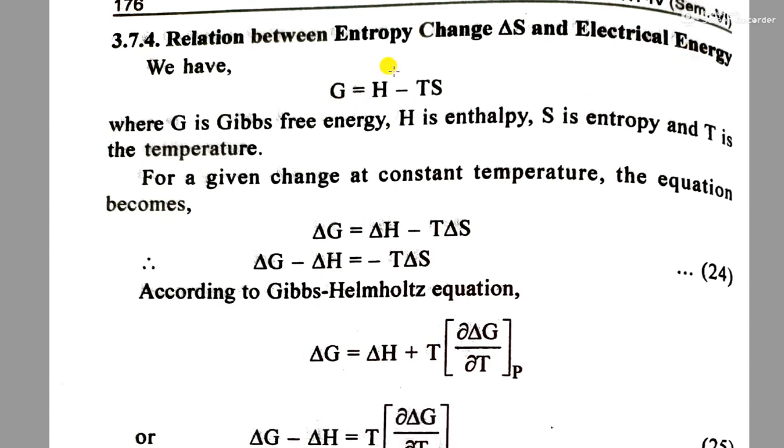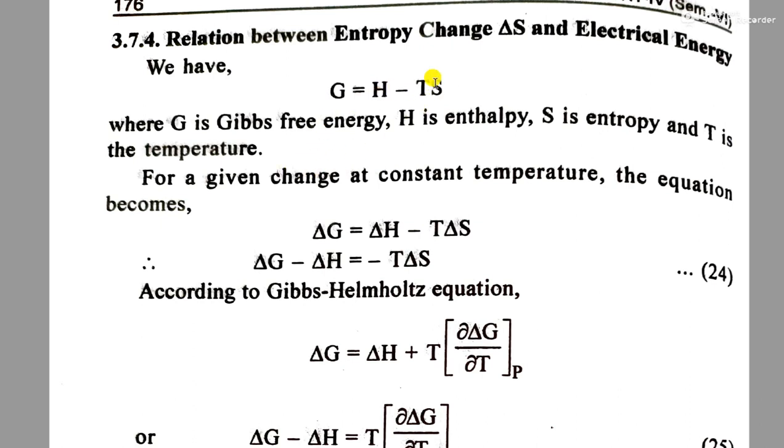So we know this thermodynamic equation, G is equal to H minus TS. Here G is the Gibbs free energy, H is the enthalpy and S is the entropy, and T is the temperature. So for a given change at constant temperature, we imagine that some reaction is occurring and the free energy, enthalpy and entropy are changing.